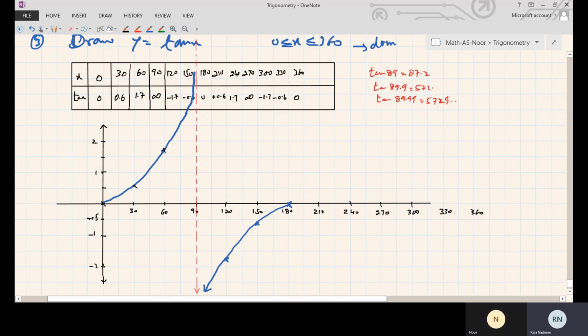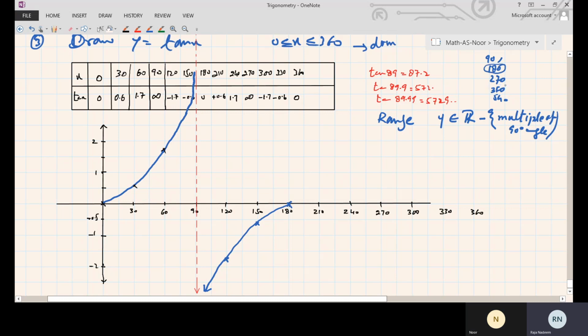So we say that such a function has a range: y belongs to the real numbers, and we subtract all odd multiples of the 90-degree angle. The first multiple is 90, then 180, 270, 360 and 540.